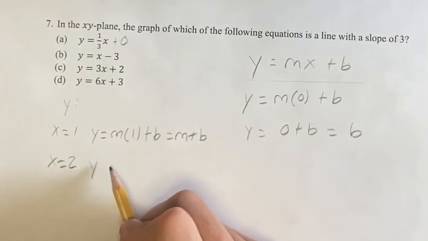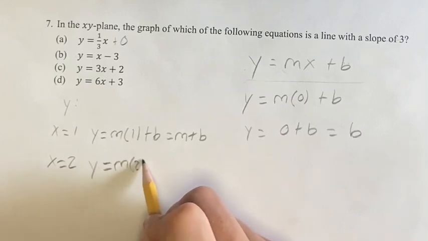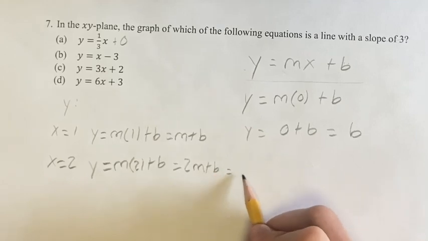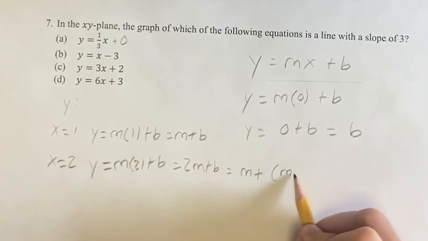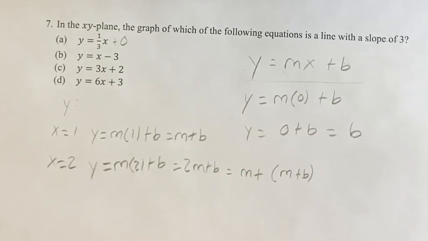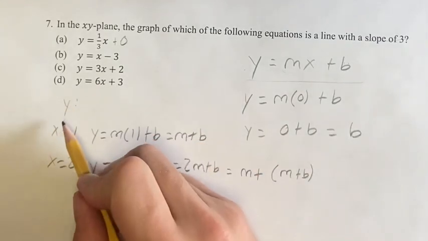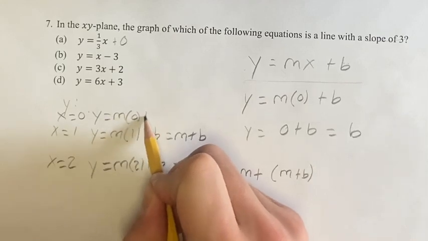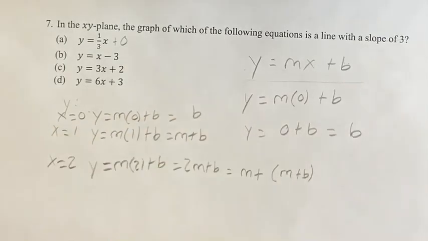And when x is equal to 2, y is equal to m times 2 plus b, which is equal to 2m plus b. And when x is equal to 0, just to complete the pattern, y is equal to m times 0 plus b, which is just b.